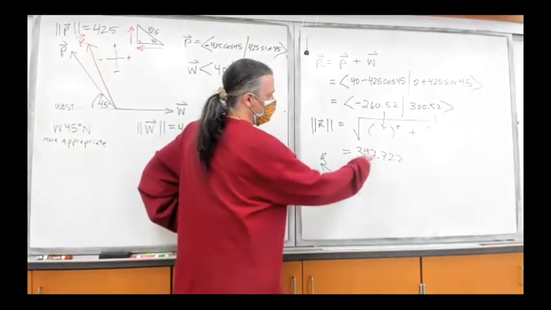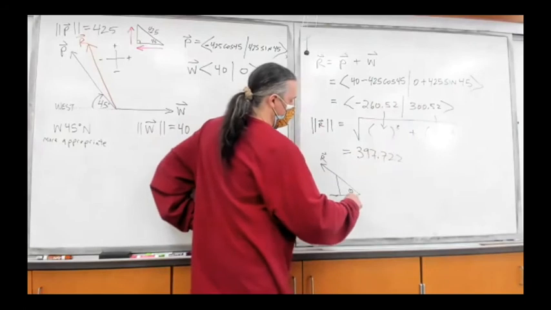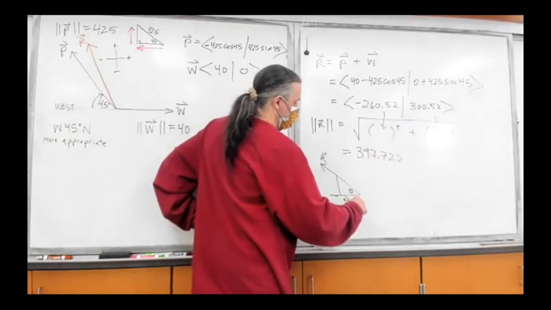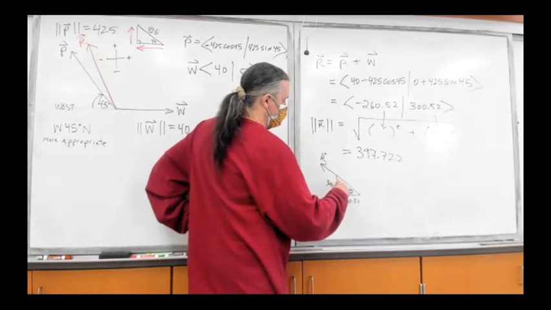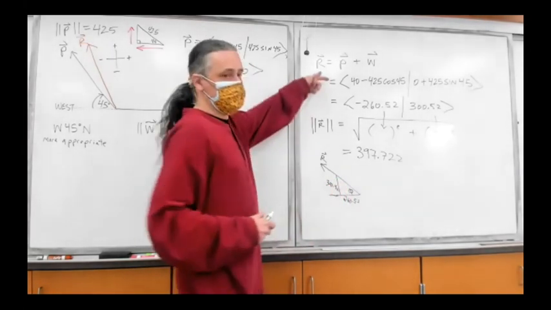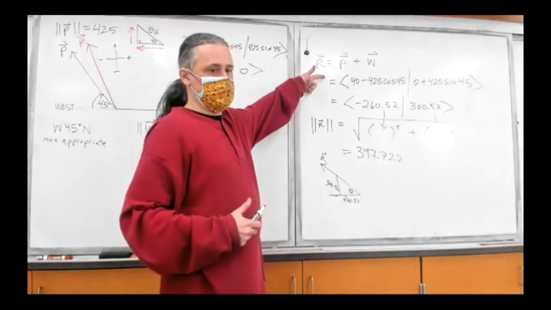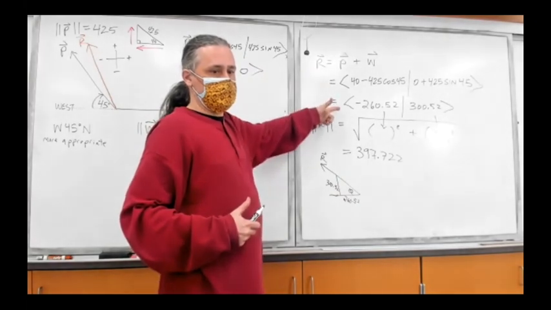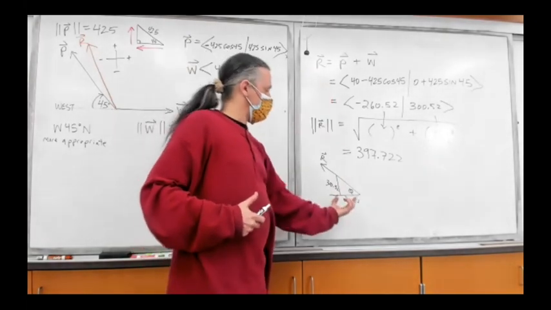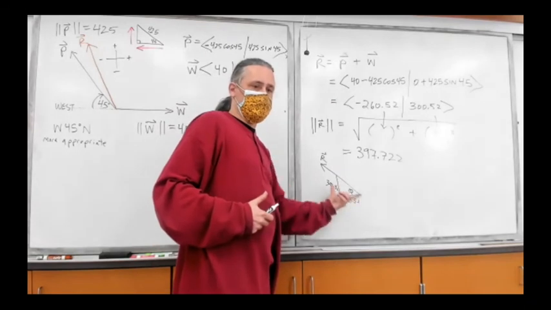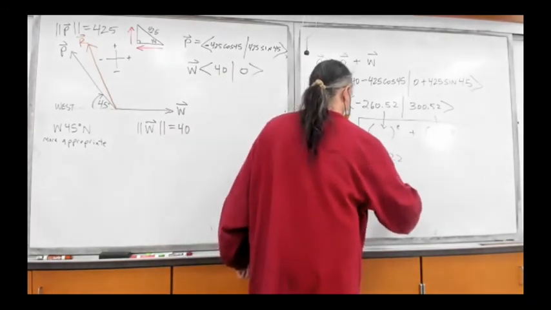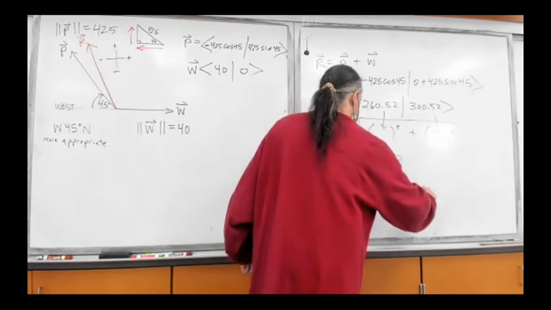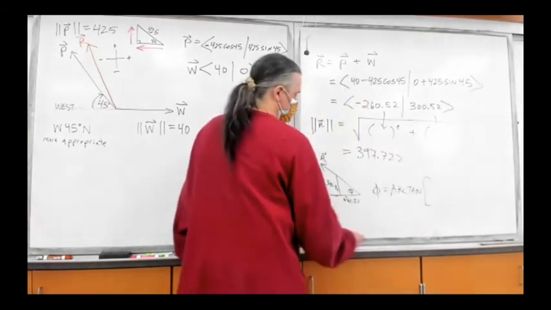Now when we do that, we don't really care about the negative here because we're just trying to find the angle of this triangle. We need the negative when we do vectors because direction matters. But once we get the numbers and we're just trying to find the angle in this triangle, we don't really care about the negative. So then we just use our tangent of the y divided by the x.